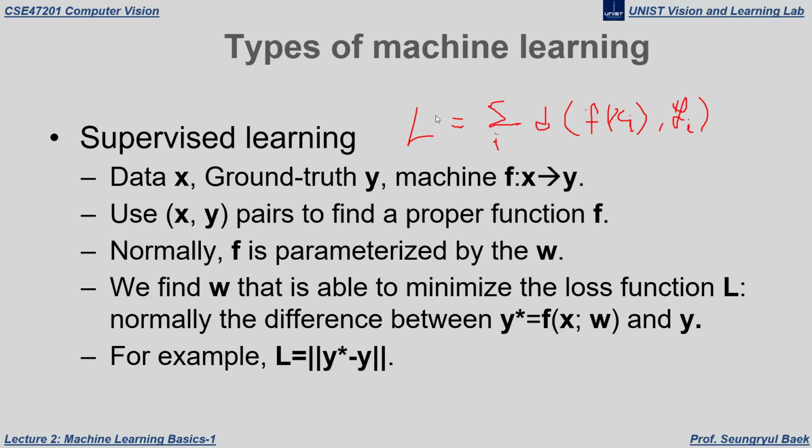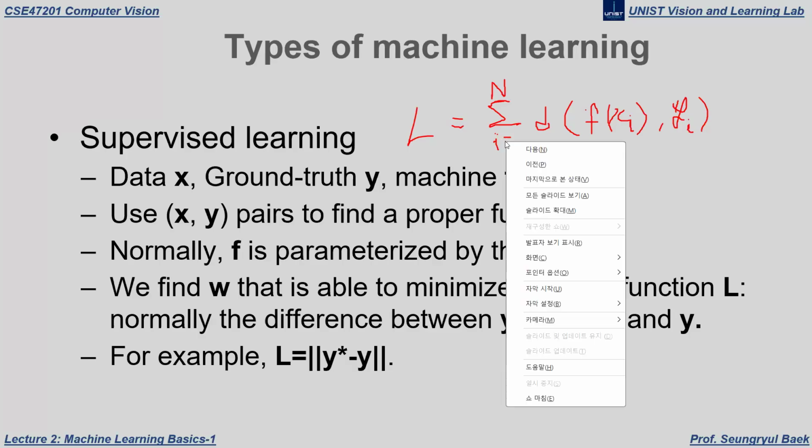We sum up here with the sigma function, summing over all the data. i iterates from 1 to n, because there are n number of data.